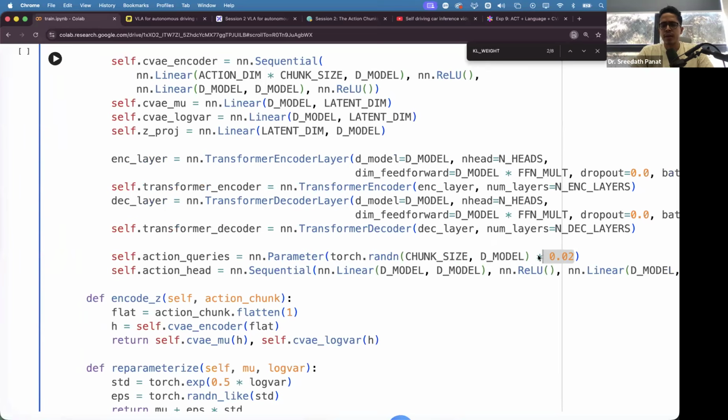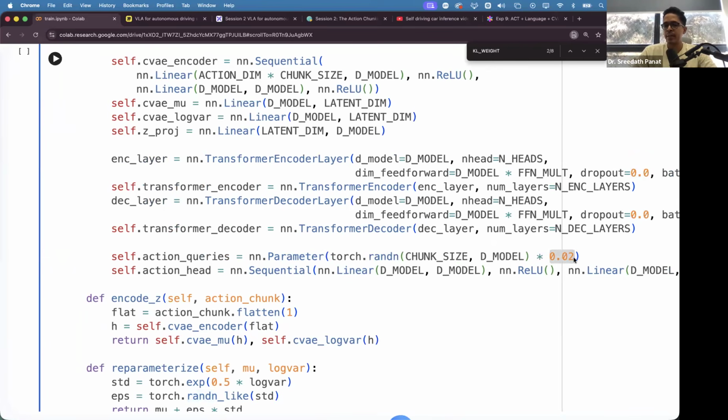This can be 0.02 or any small number. Basically, the action queries are initialized as random numbers with a distribution of mean 0 and standard deviation 1. To make sure the action queries are not random big numbers, we are just multiplying by a smaller number here, 0.02.